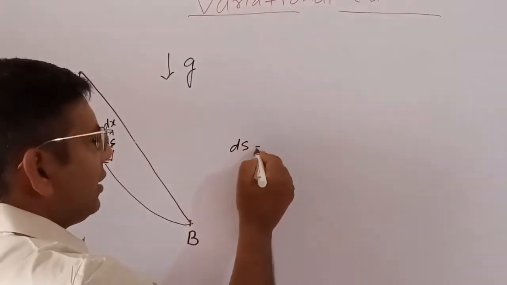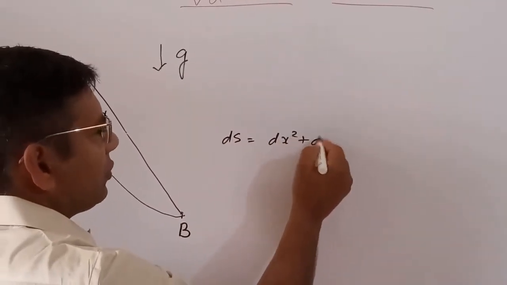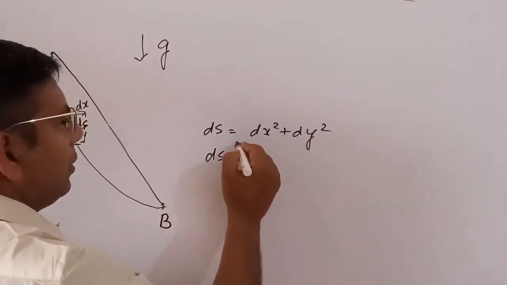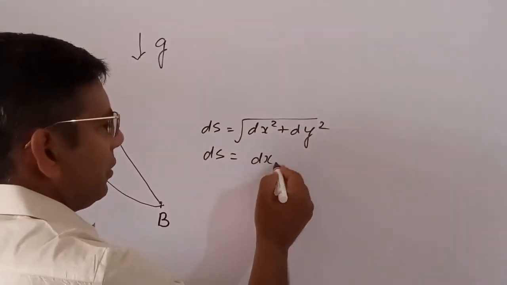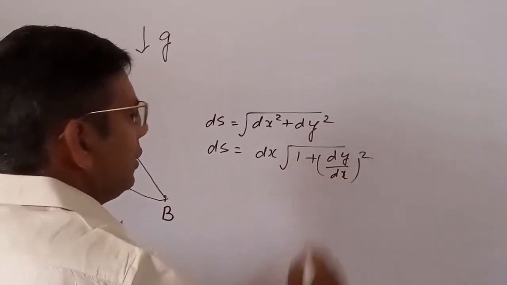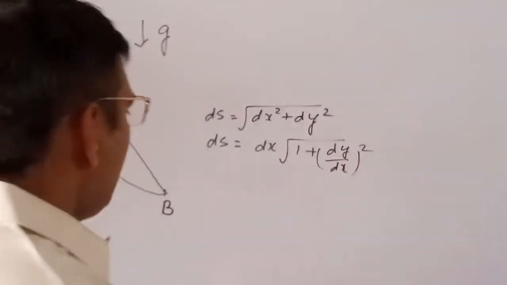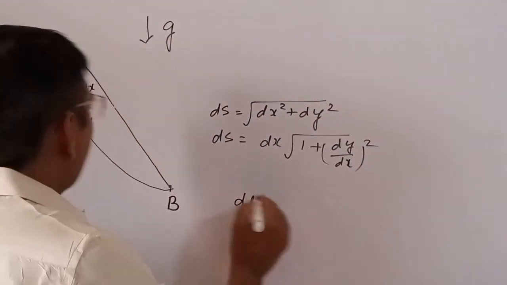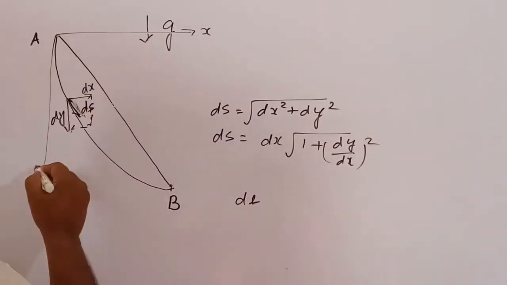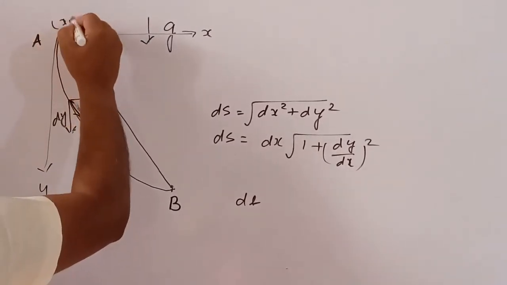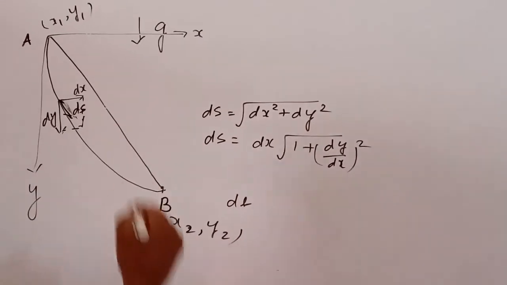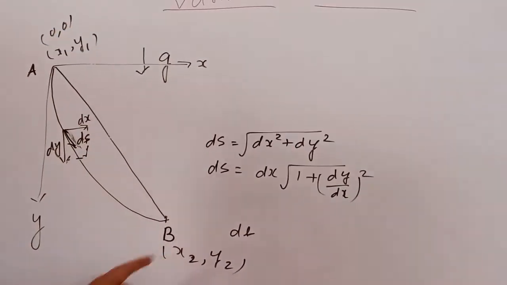We can write ds as the square root of dx squared plus dy squared. So ds is equal to dx times the square root of 1 plus (dy/dx) squared, right? We can take the coordinates: this is x and this is y. This one is x1, y1, and this is x2, y2. Obviously this is 0, 0, and this is x2, y2.